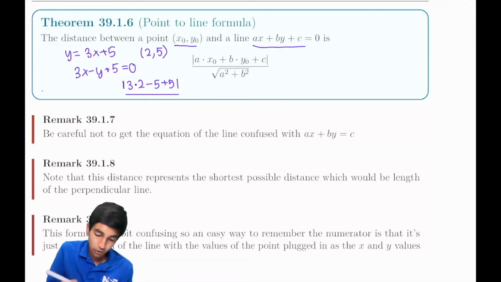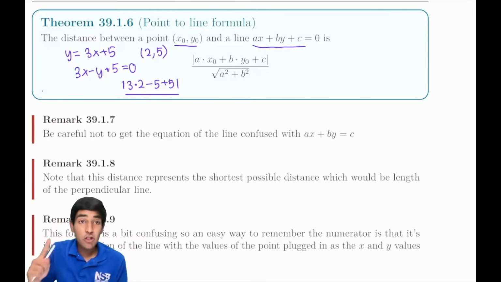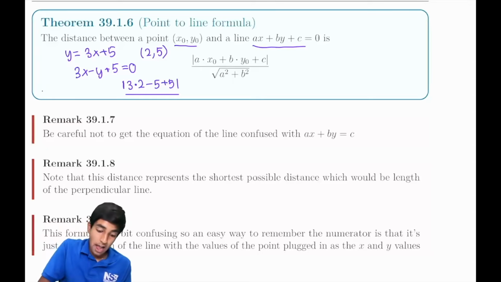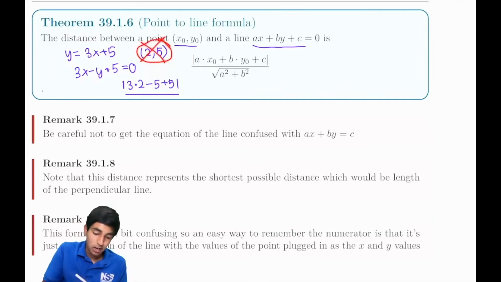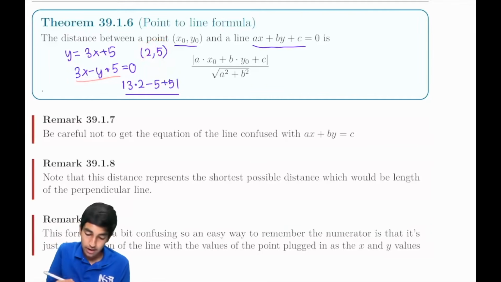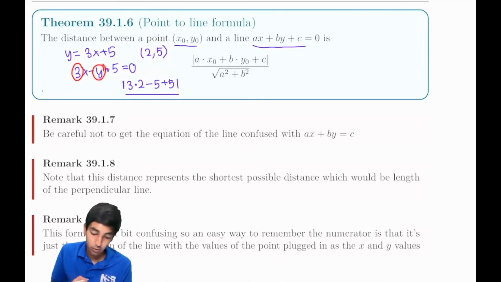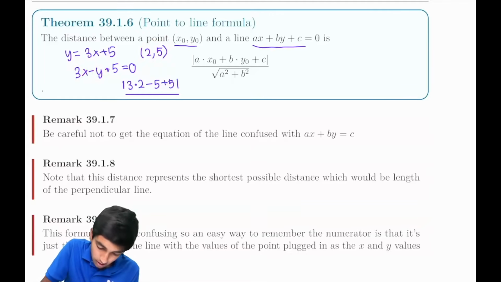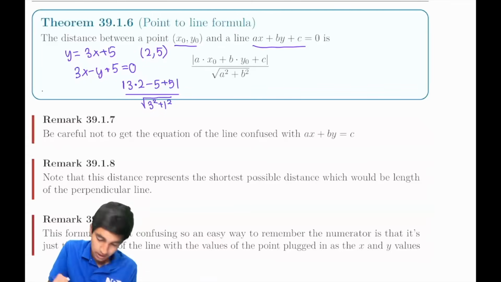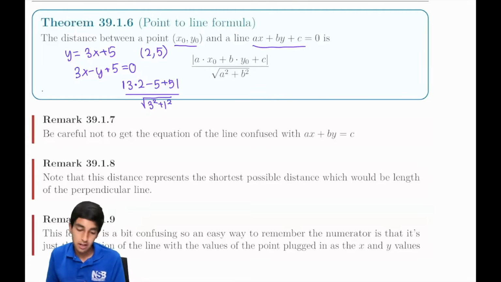Be very careful here. We're not looking at our point here, we're looking at the equation. What we do is find the square root of the sum of the squares of the coefficients: the square root of 3 squared plus 1 squared, or negative 1 squared, which is the same thing.